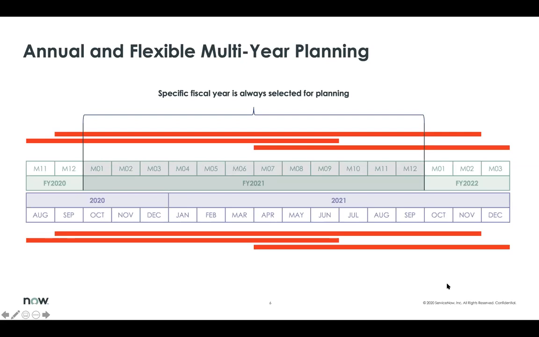So historically, the only thing that we were able to support, and we still do, so we were not taking any functionality away, was planning within the scope of a particular fiscal year. You can see here in this illustration, we have an October through September fiscal year. For example, the U.S. government uses that fiscal year.